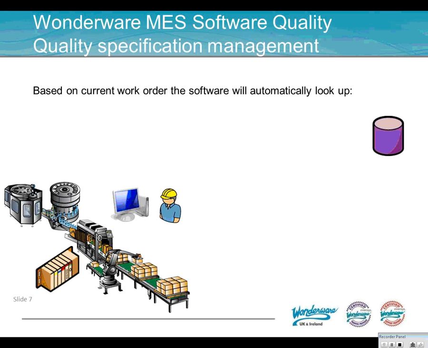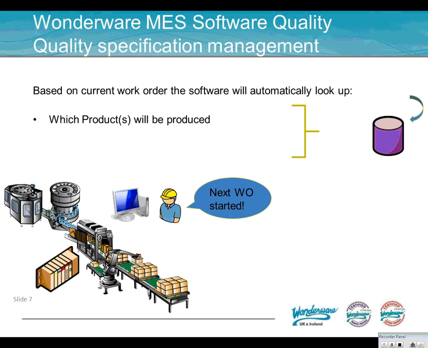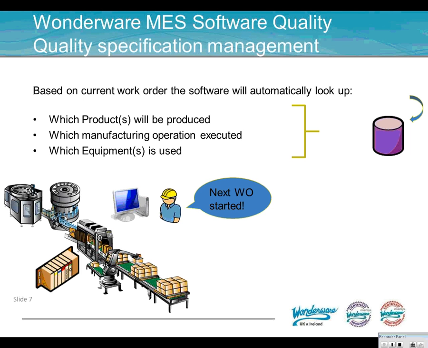So let's look at quality specification management and what it would mean on the shop floor. If Joe operator on the shop floor starts a new job on the production line, then the system will automatically look up, based on the information for that work order, what products are being produced, which manufacturing operation will be executed, and what equipment is to be used.